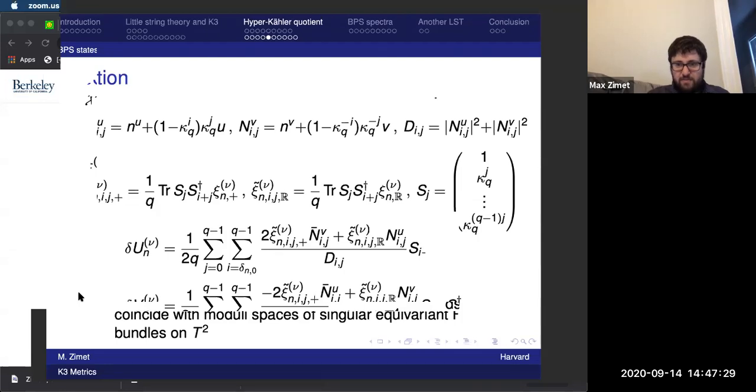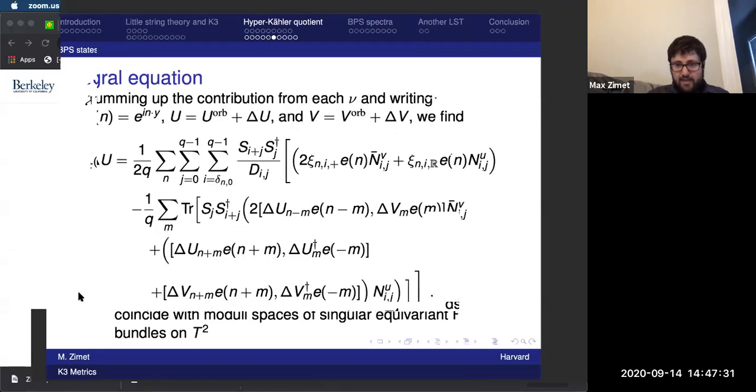You can just plug this onto a computer. Okay, so there's this cool fact about this solution, which is if you sum up the contribution from each nu in order to find the complete non-perturbative solution, then you obtain this equation.